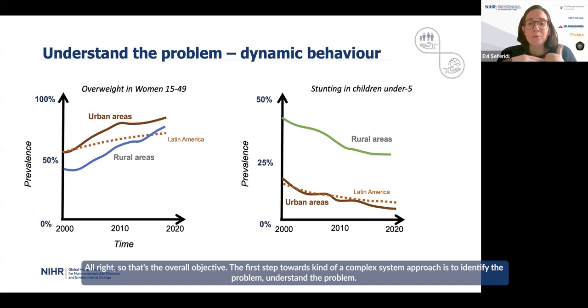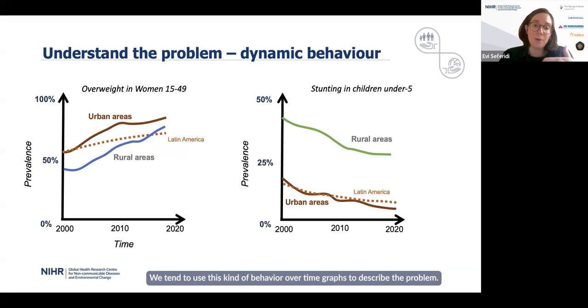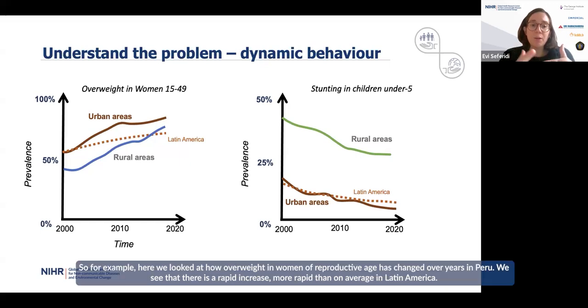The first step towards a complex system approach is to identify the problem, understand the problem. And because we're interested in the dynamic behavior, which is what systems thinking can help us understand, we tend to use these behavior over time graphs to describe the problem. So for example, here we looked at how overweight in women of reproductive age has changed over the years in Peru.